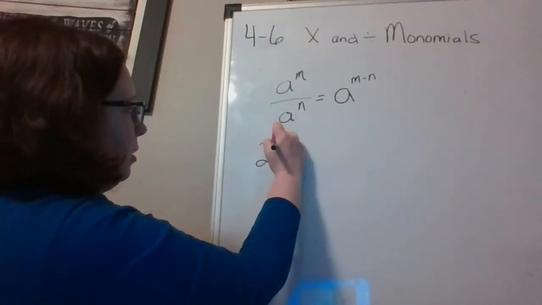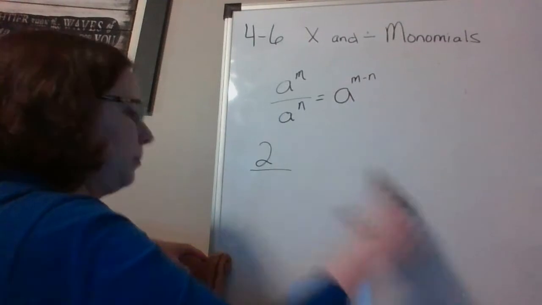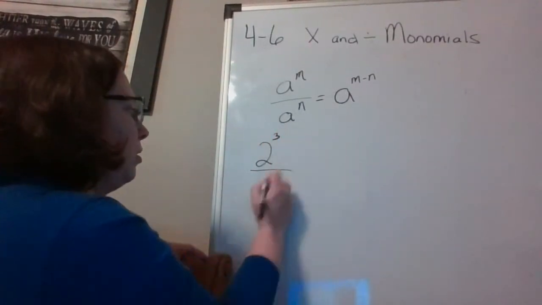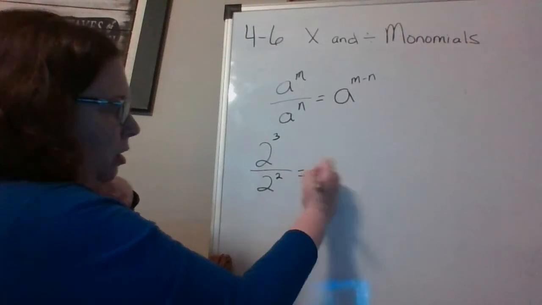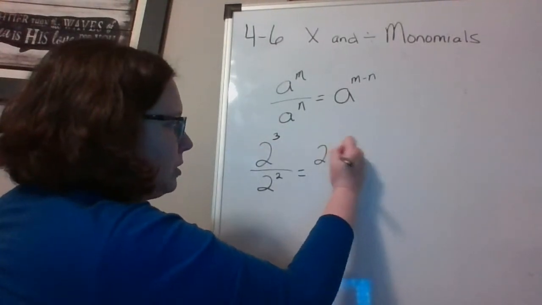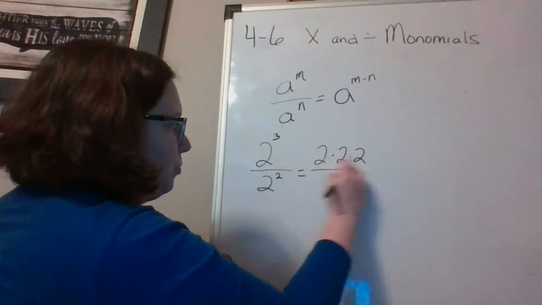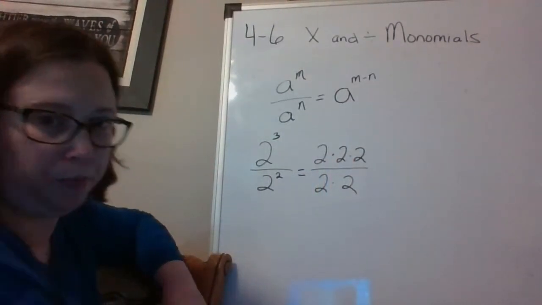So say we do it this way. 2 cubed means I have 2 times 2 times 2. 2 squared means I have 2 times 2.